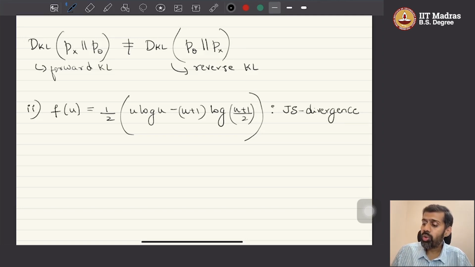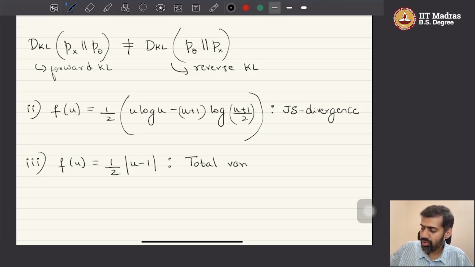A version of this is what is used in the famous generative adversarial network. We will see that as we move on. So this is the definition of the Jensen-Shannon divergence. The other famous choice of f function is half times the modulus of u minus 1, and the corresponding f-Divergence is called the total variation distance, or TV distance.